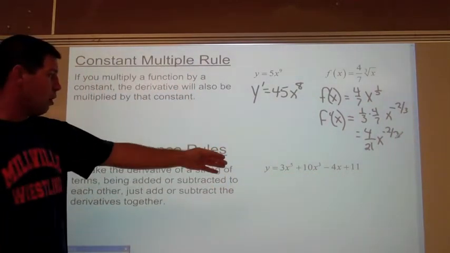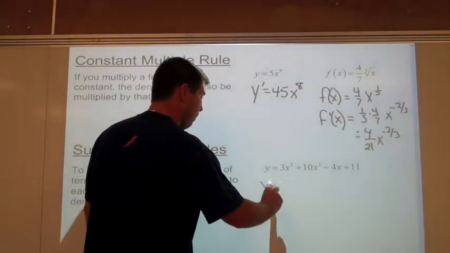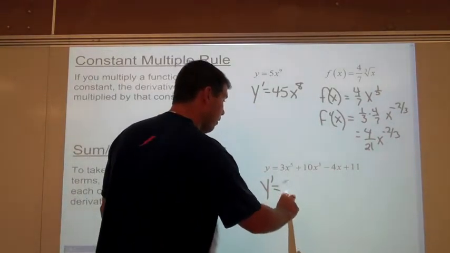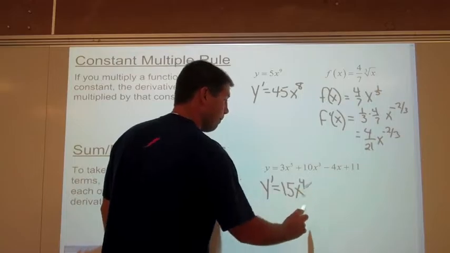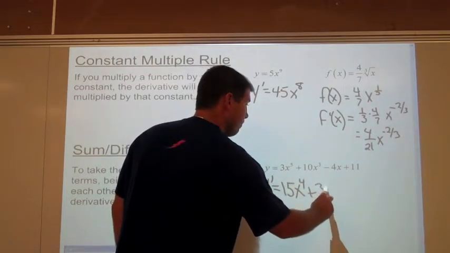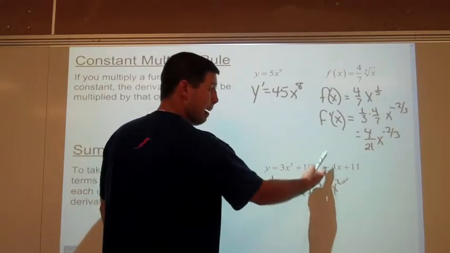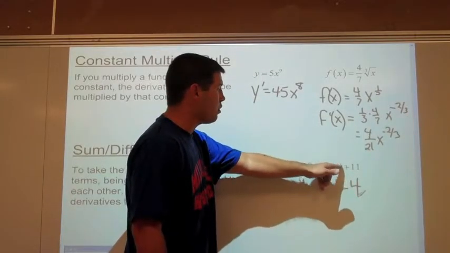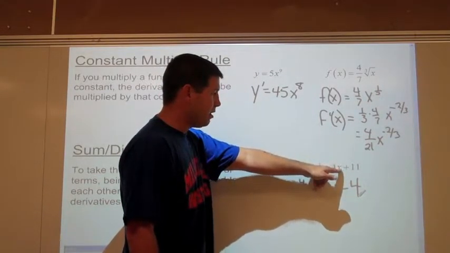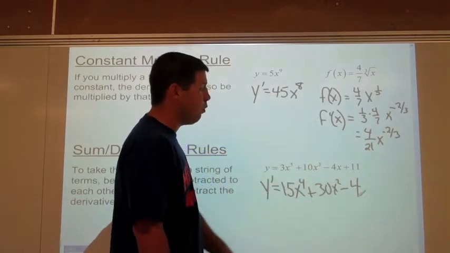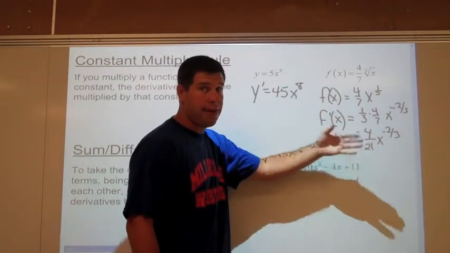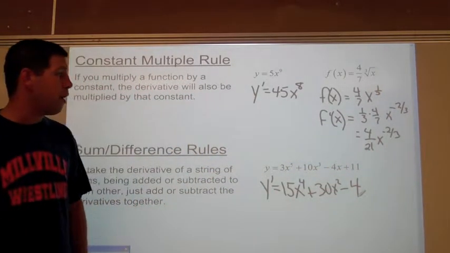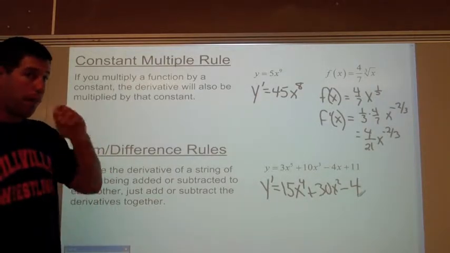So if you have the function here, and you wanted the derivative, y prime, 3x to the 5th, you're going to use your constant multiple rule and the power rule, 15x to the 4th, plus 30x squared minus the derivative of 4x, which is just 4, because x to the 1st, 1 times 4 is 4, x to the 0 would be 1. The 11 is a constant, so the derivative of any constant is 0, so you just leave it as nothing. So y prime is 15x to the 4th plus 30x squared minus 4.